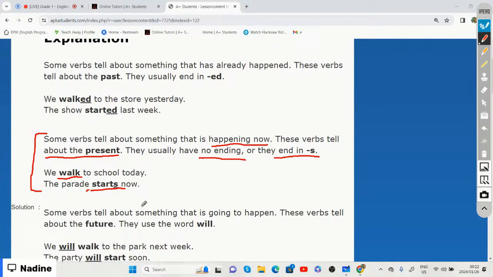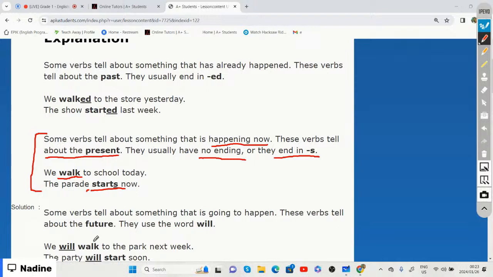As we can see, the verb ends in an s. So starts now. And that is basically the verbs that tell you about something that is happening now, which is our present tense.